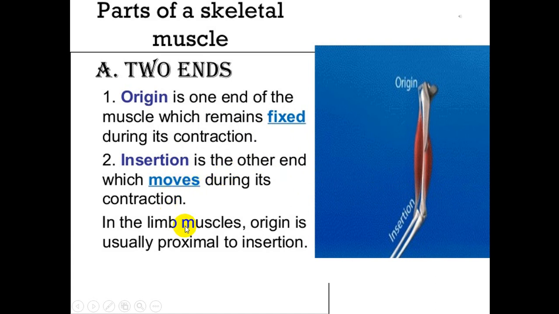Previously, these terms were used for the proximal and distal attachments of skeletal muscle, but now they are not frequently used, as skeletal muscle can act on both sides by fixing either point of attachment. So these are now vague terms.